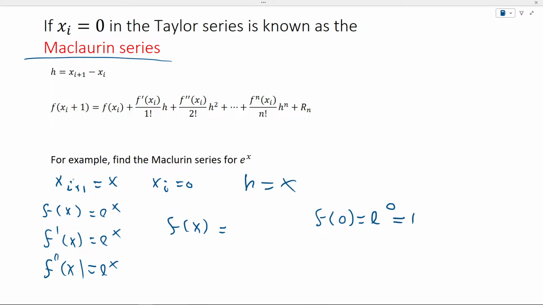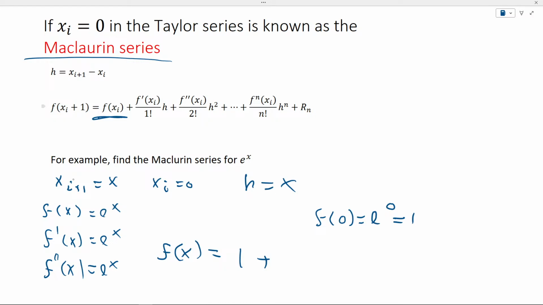So my f of x, that is my first term here. Let me write it a little bit down. My f of x at 0 would be 1. And then the first derivative over this guy.